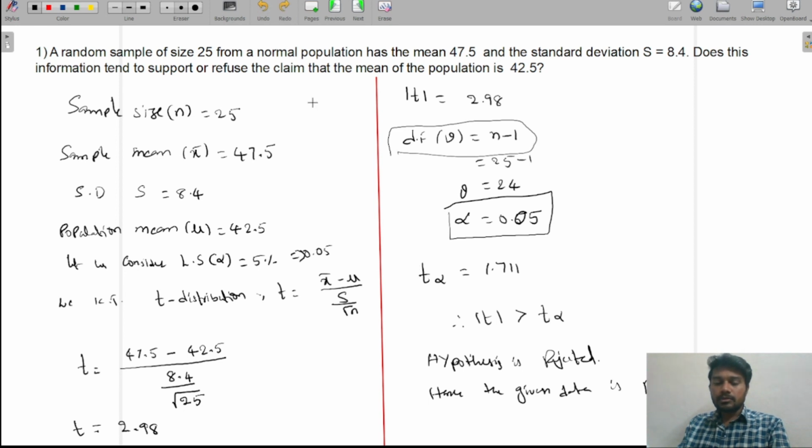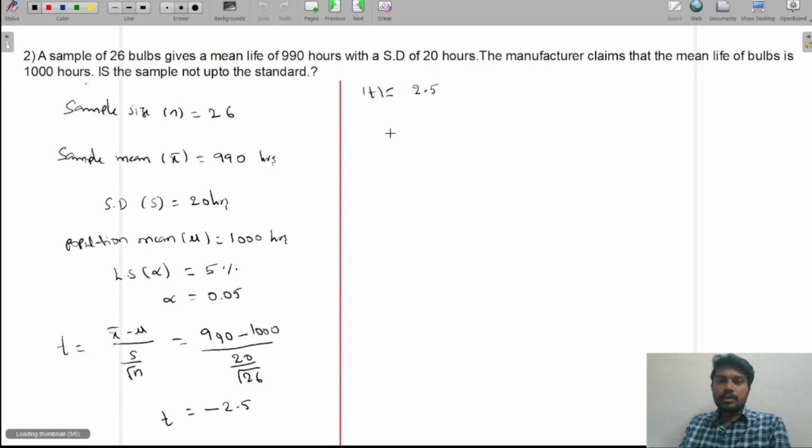In the same way, the degrees of freedom nu equal to n minus 1, which is 26 minus 1 equal to 25. This is the value of nu, and alpha, as given in the question, we consider 0.05.